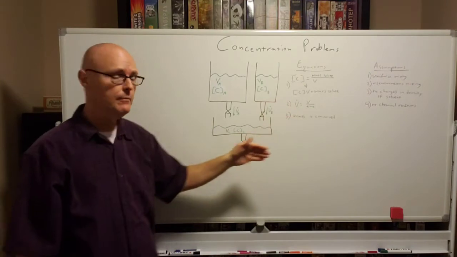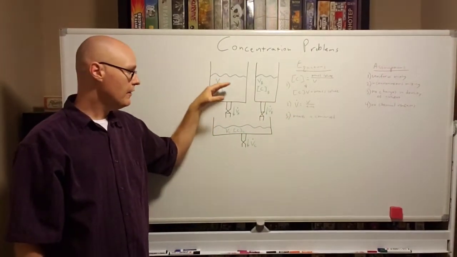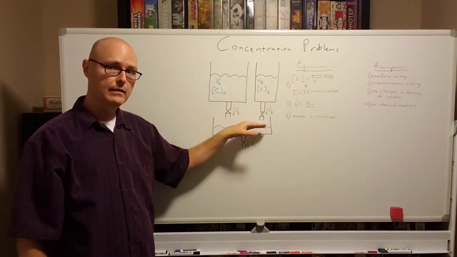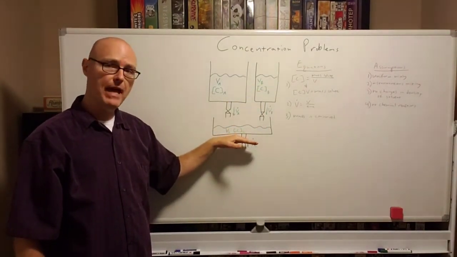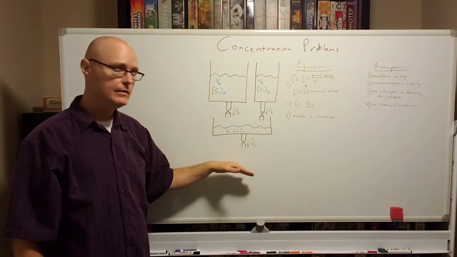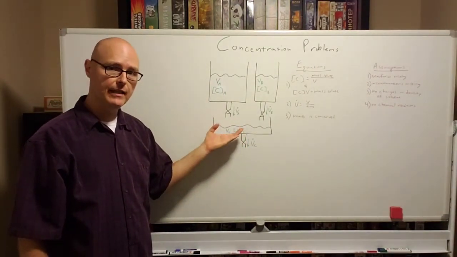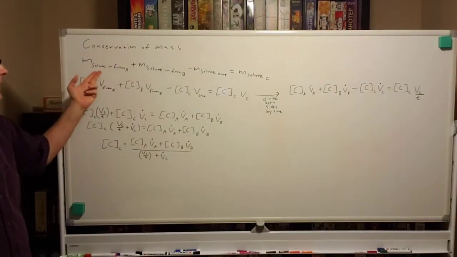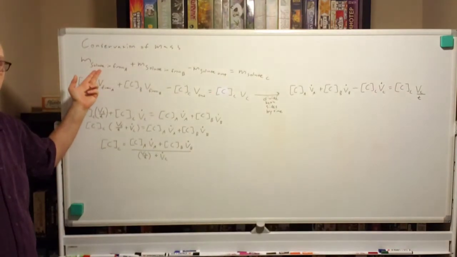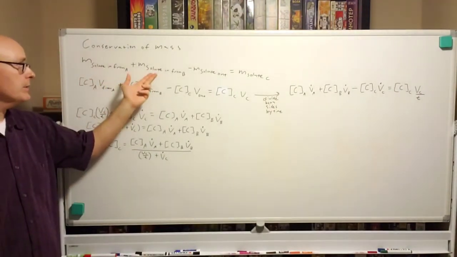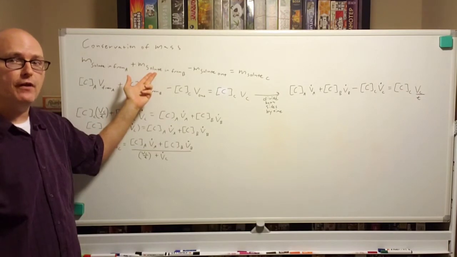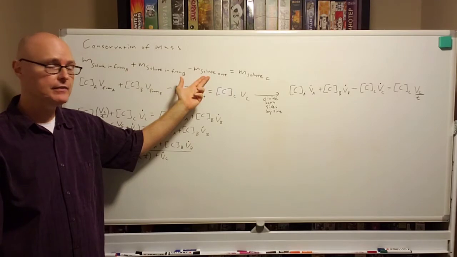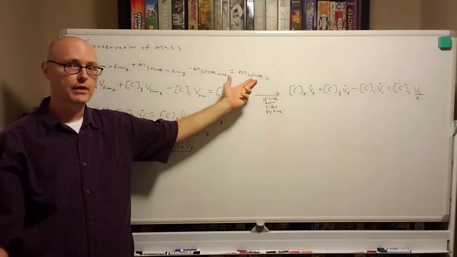So no chemical reaction means that the mass flowing from A plus the mass flowing from B, minus the mass that leaves the tank, must be the mass that accumulates in the tank. So conservation of mass: the mass of the solute that flowed from A plus the mass of the solute that flowed from B, minus the mass of the solute that left, must equal the mass of the solute that remains.